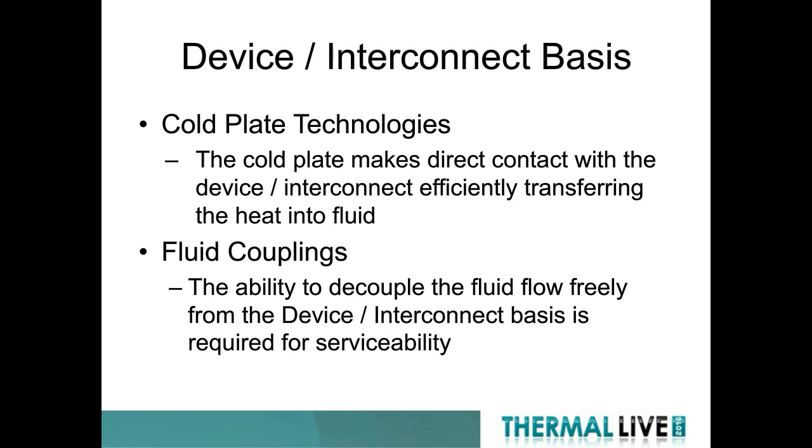And one part of this basis is fluid couplings. The ability to decouple the fluid from the device and interconnect is really required for serviceability. Data centers have a requirement for hot swappability as an example.